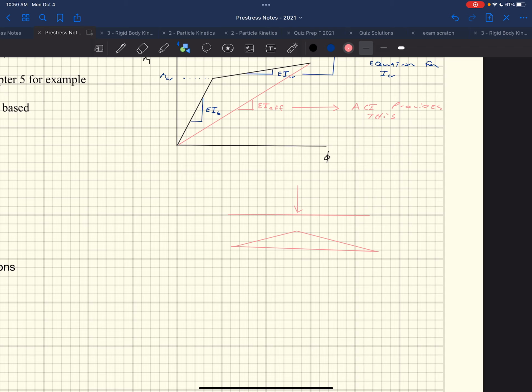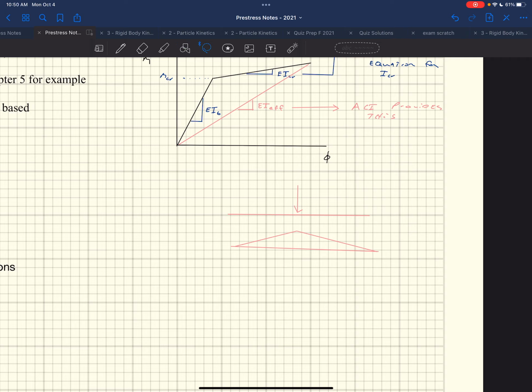Only someplace across the middle is it cracked. And so if it's only cracked in the middle, then how, this sounds really great, having just two methods and having the Icr and the Ig. Well, near the ends it hasn't cracked, and it's contributing to the deflections, but it just assumes the same EI across the whole length, and it gets weird. But it's just an approximation. It's empirically based. They did a whole bunch of tests, and they said this works really well. That's one way to do it.